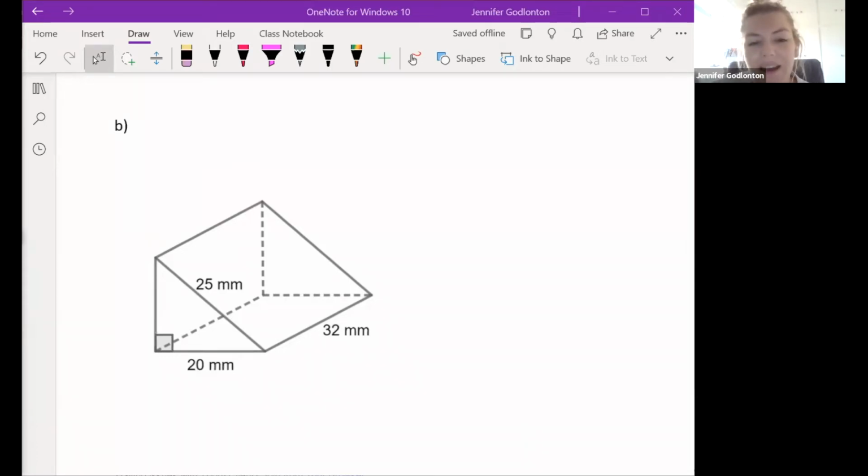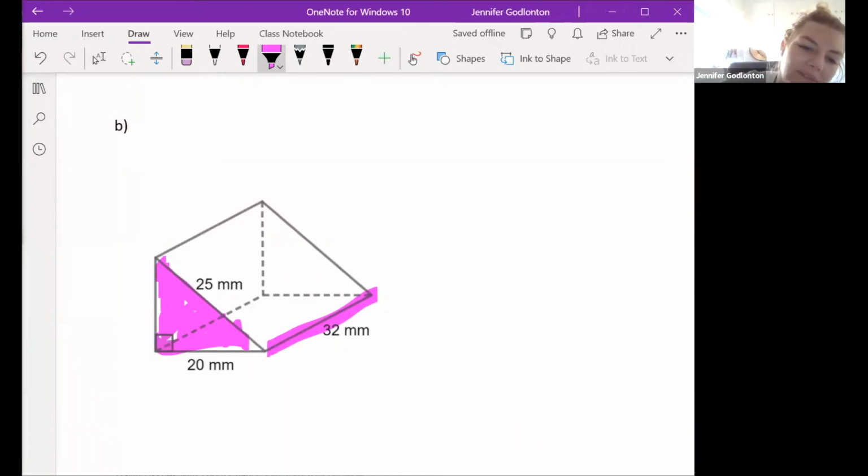Okay. So the key for this question is we have to work out the area of our base. We know that's the triangular base, and we got to times it by our height. But if I'm trying to figure out the area of that base over there, I need my little b, which I have, and then I need my little h, which I do not have. But I do have a right angle triangle. And when we have a right angle triangle, we can use Pythagoras.